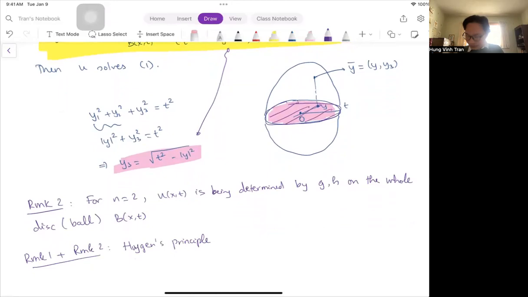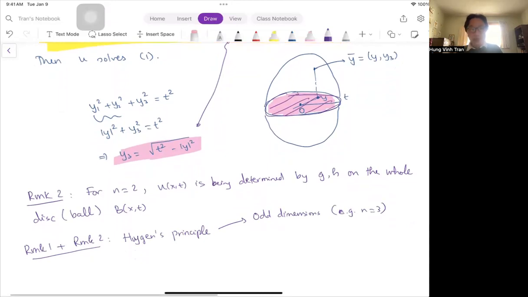The Huygens principle says simply that for odd dimensions, an example is n equals 3, we do have sharp wavefronts, meaning that the information at u(x,t) is solely determined by the initial data on the sphere of center x, radius t, nothing else.